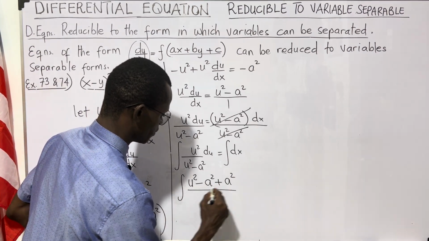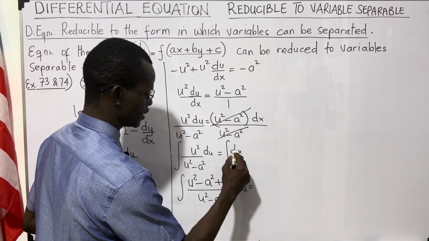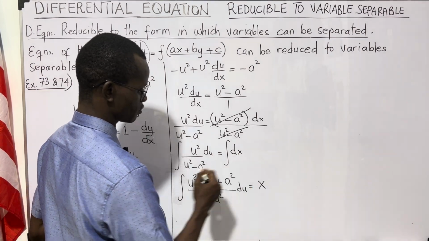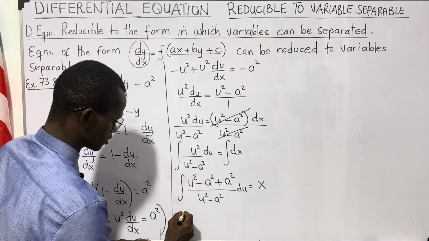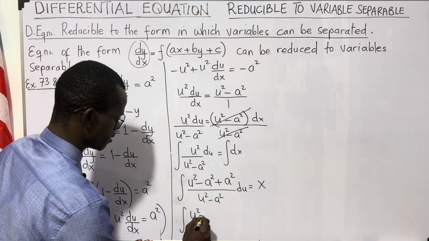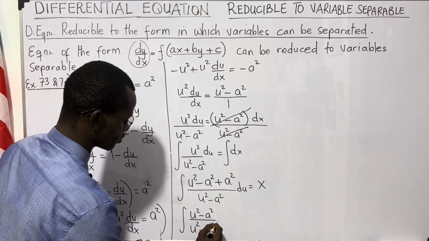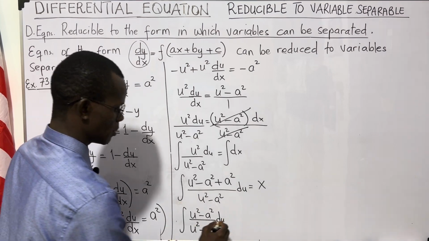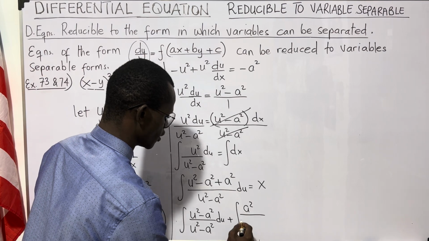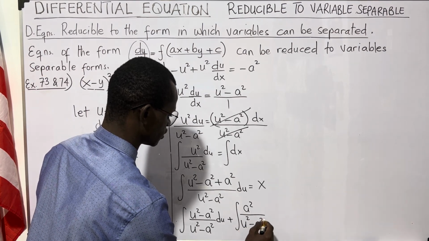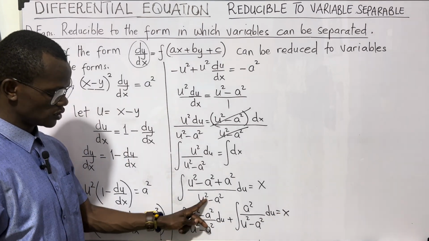So we have that over u squared minus a squared du, and the integral of dx is just x. We separate the first two terms: u squared minus a squared divided by u squared minus a squared du, plus the integral of a squared over u squared minus a squared du, equals x. So the first is just equal to 1.